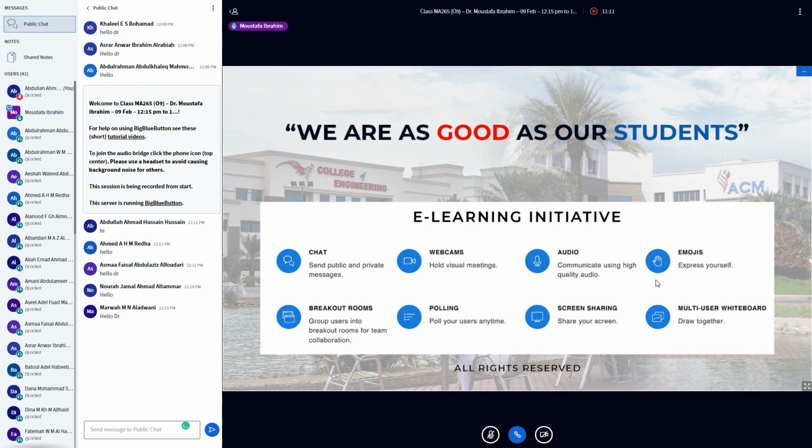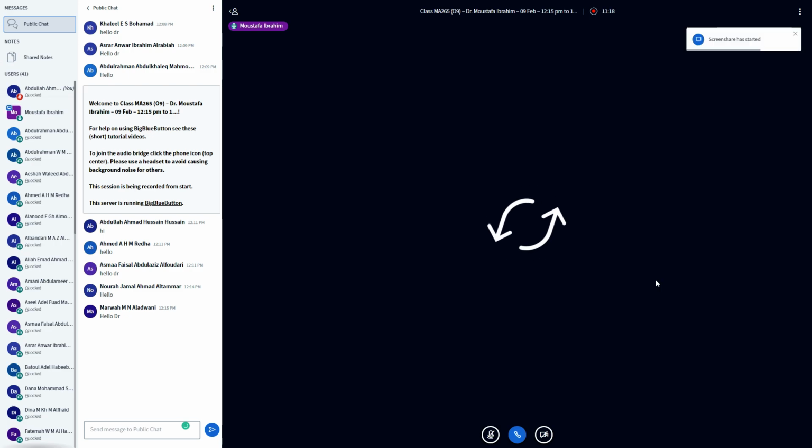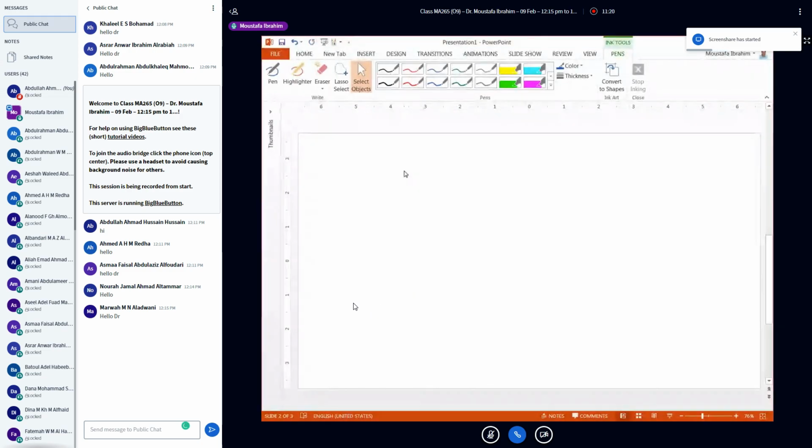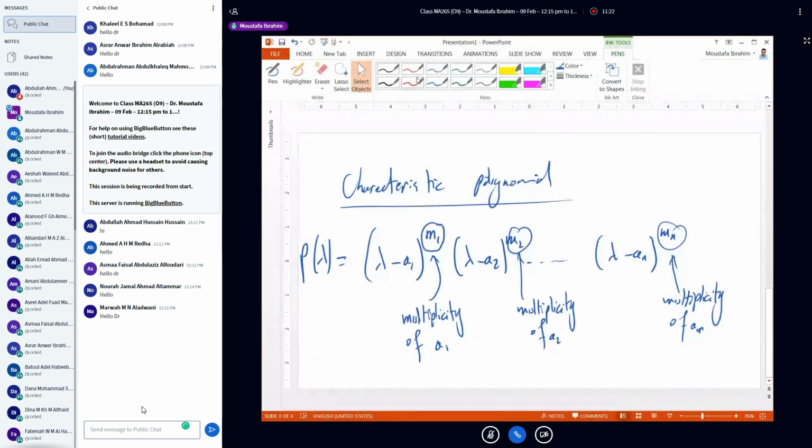So let's continue chapter 7.2. We have seen multiplicity. If we have the characteristic polynomial p(lambda), which is the determinant of lambda I minus A, do you remember this one?